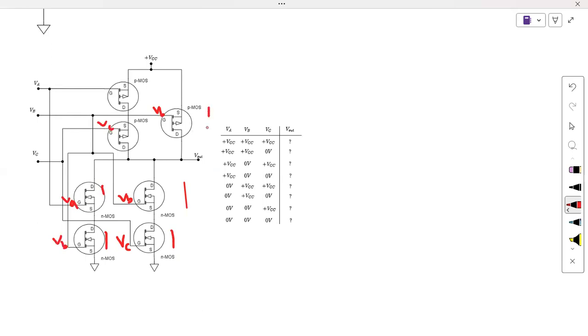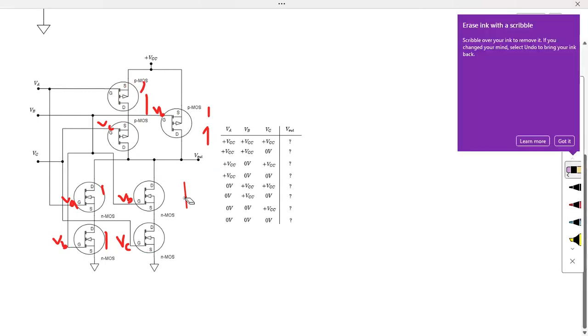And then these up top are going to act like open switches. And so no current is going to flow through the top half of the circuit, and all of it's going to flow through the bottom half.